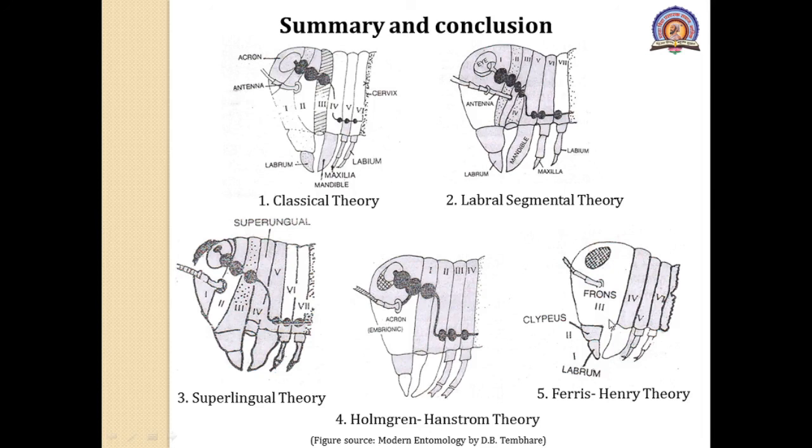So there is no intercalary segment according to this theory. The labral, clypeal and oculo-antennal form the procephalon part, while the mandibular, maxillary and labial form the gnathocephalon part of the insect head.